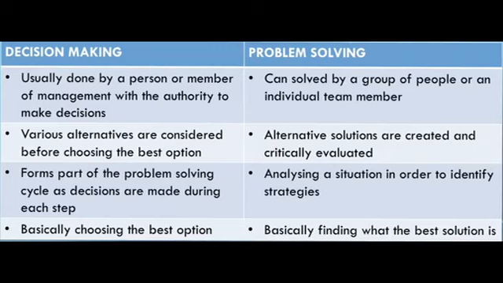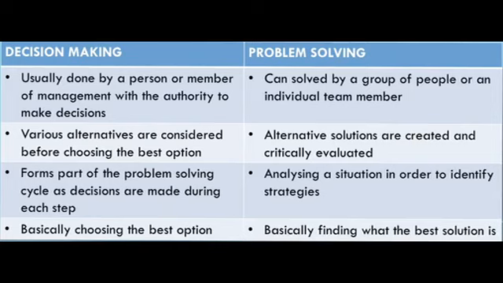With decision making, before we choose the best option, we identify all the various alternatives that have been considered. Problem solving is the creation of all the different solutions or alternatives that we might apply to solve problems.